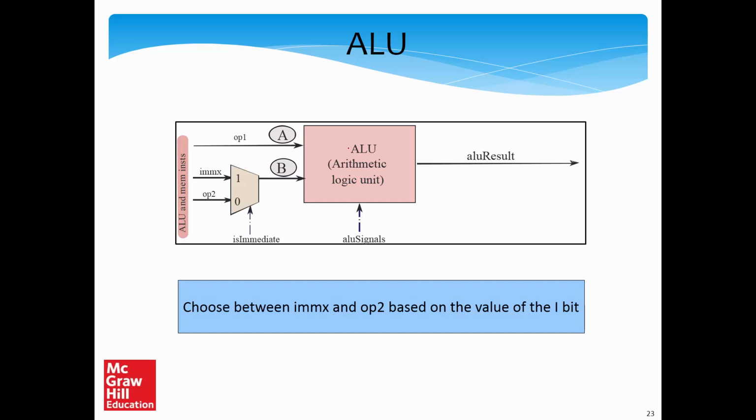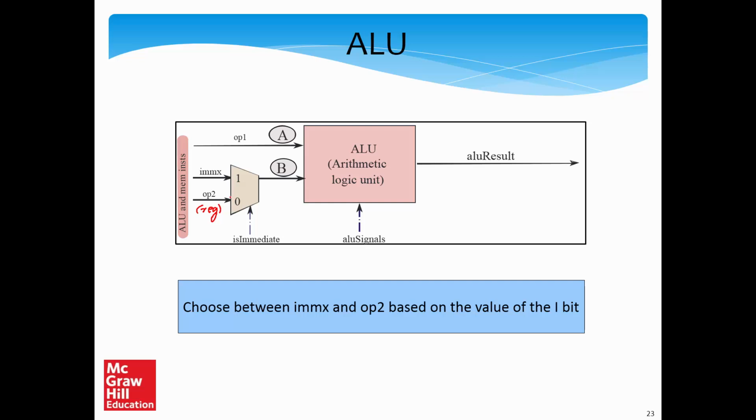Now let's take a look at the other component of the execute stage, the EX stage, called the ALU, the arithmetic logic unit. It has two inputs, let's call them A and B. The first input is OP1, which is the first source. The second input can either be a register, which is OP2, the second output of the register file, or the immediate, imm, which is a 32-bit extended immediate.